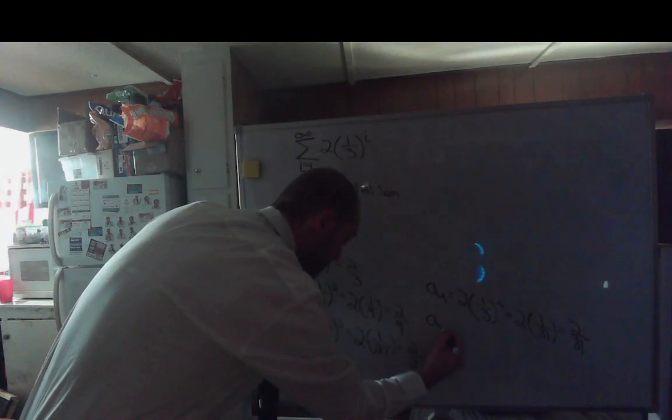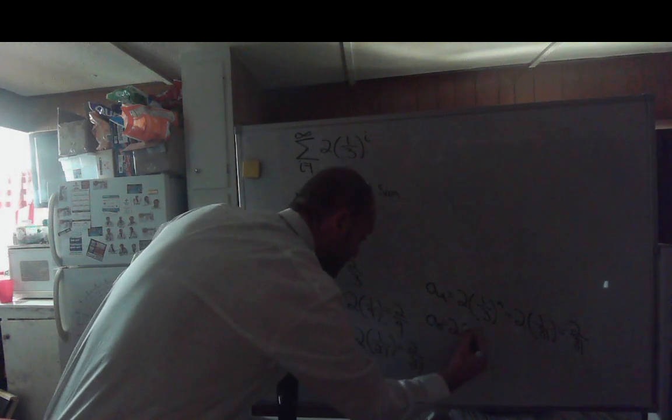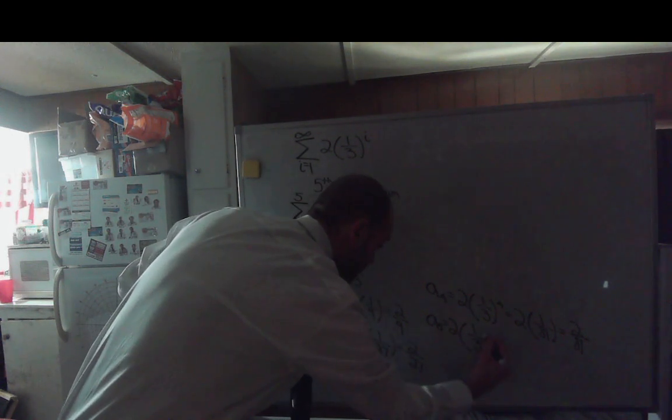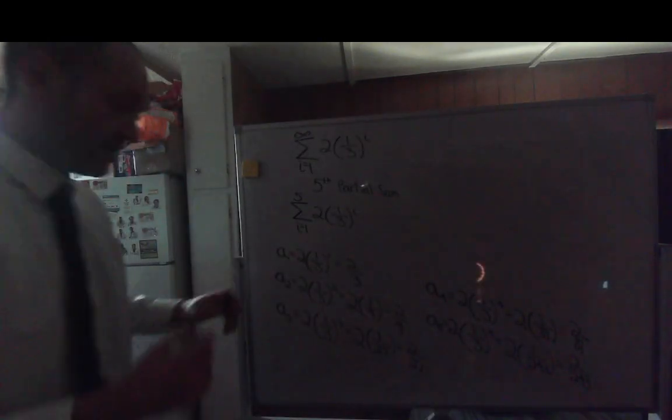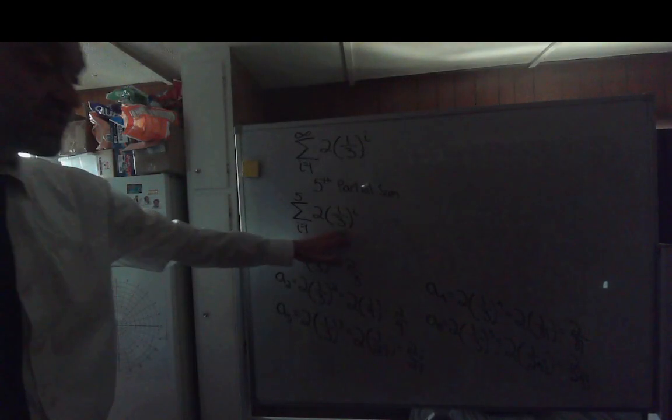So a sub 5 equals 2 times 1/3 to the fifth power. That's going to be 2 times 1/243, which would be 2/243. Now we've identified all 5 terms of the sequence.